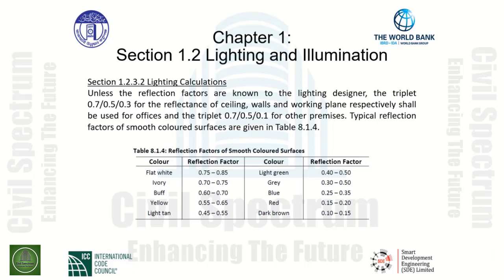Section 1.2.3.2, continuing our discussion on lighting calculations, indicates the requirement, unless the reflection factors are known to the lighting designer, the triplet 0.7, 0.5, 0.3 for the reflectance of ceiling, walls, and working plane, respectively, shall be used for offices, and the triplet 0.7, 0.5, and 0.1 for other premises.